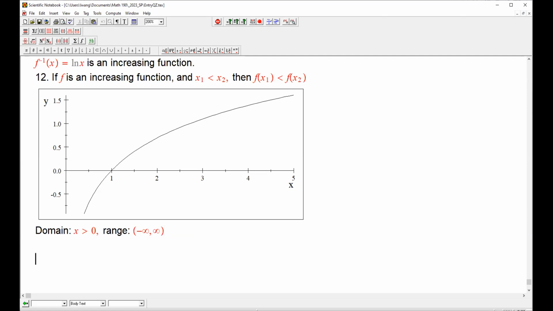So finally we come down to more on exponential and logarithm properties and so on. Let's look at number 17.